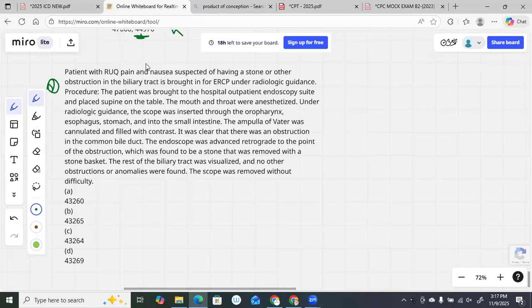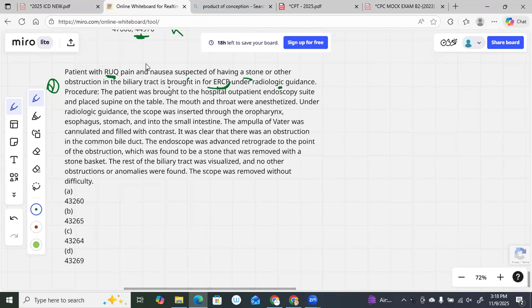Okay, moving further. In this case, the patient has right upper quadrant pain, nausea, and there is a suspicion of a stone or any other obstruction in the bowel tract. And now the patient is coming for the ERCP under radiological guidance.